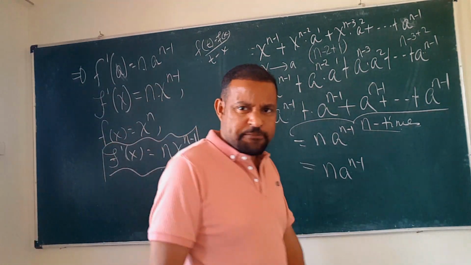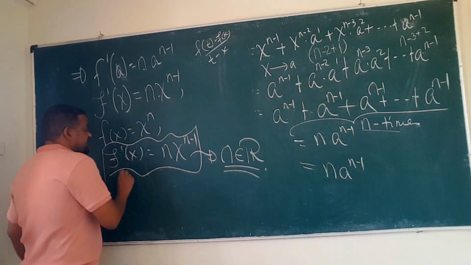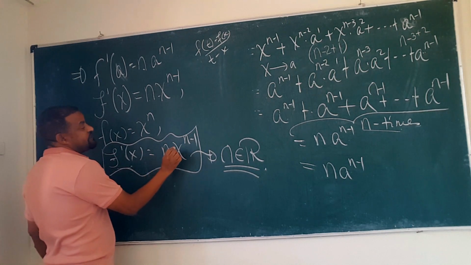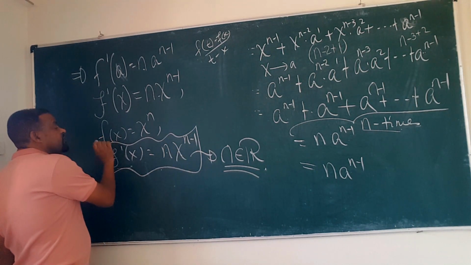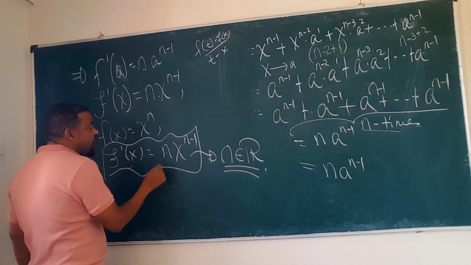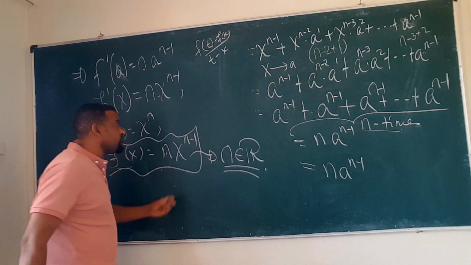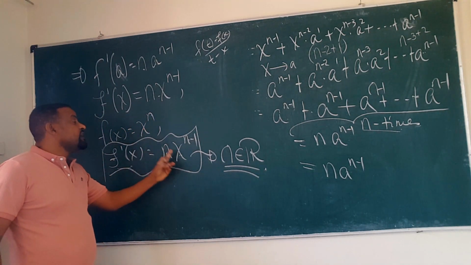You can check it. So the derivative of any power function x the power of n is given by n times x the power of n minus 1.